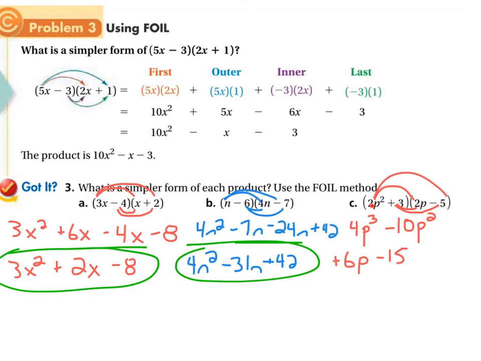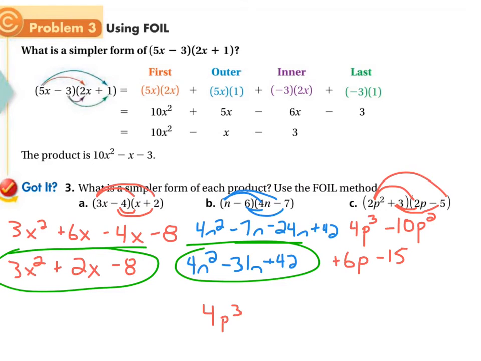We have a p squared term times a constant is a p squared term. A p squared term times a p term is a p cubed term. And then here we've got a constant times a p term is a p term, and a constant times a constant is a constant. They all have different exponents for p, and of course the constant doesn't have a p. So there is no way to combine like terms because all of the terms are different. So I'm going to write it down here on the bottom because it's long.